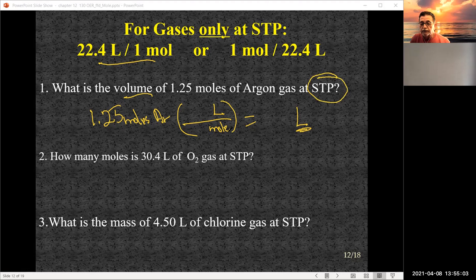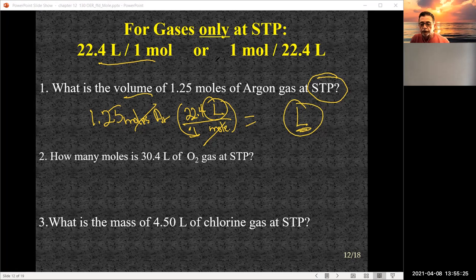That means we can utilize a 22.4 liters per 1 mole relationship. Now check your units. Moles cancel, leaving us with liters, which means we're good to go. You do the math.